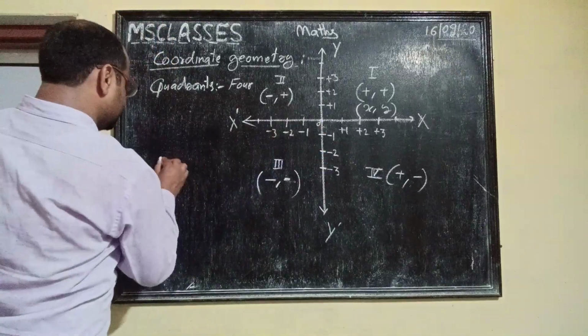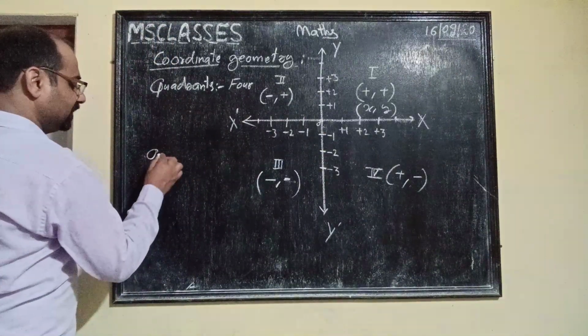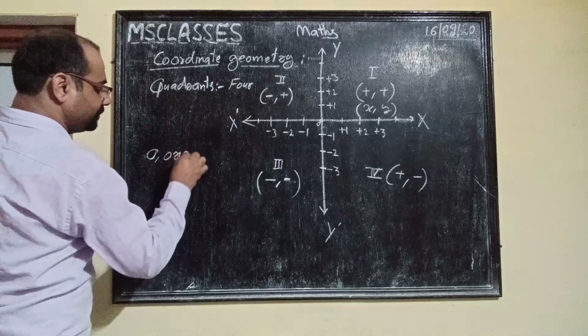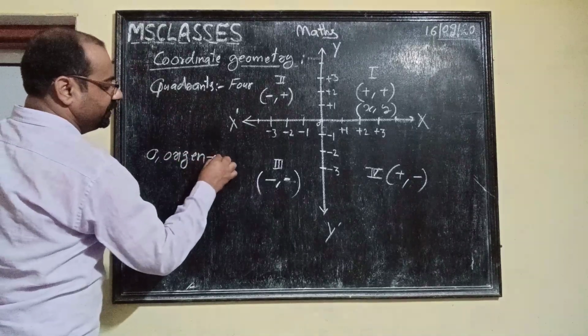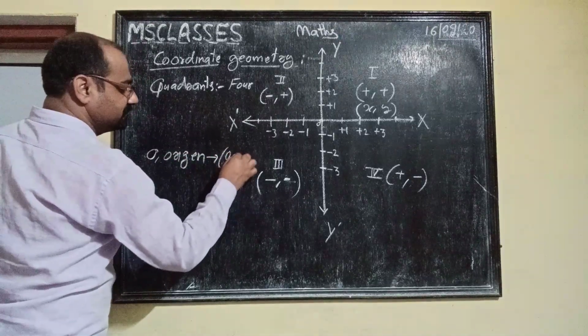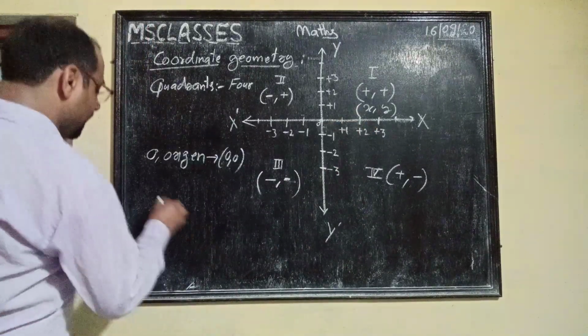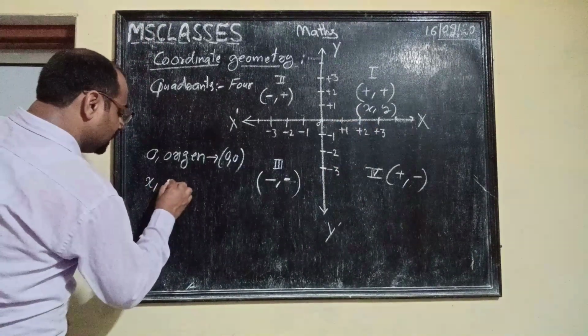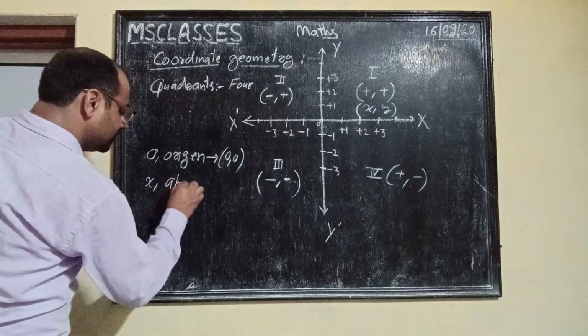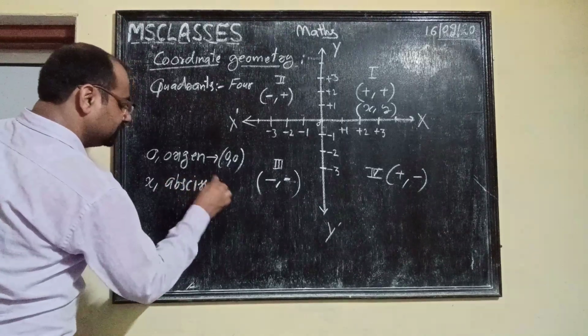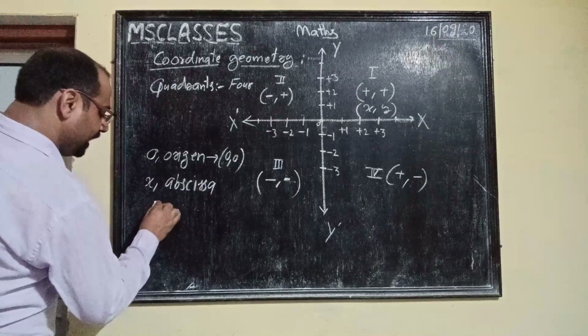So here O is the origin and the coordinates of origin are 0, 0, and we call x abscissa, and this is the x coordinate.